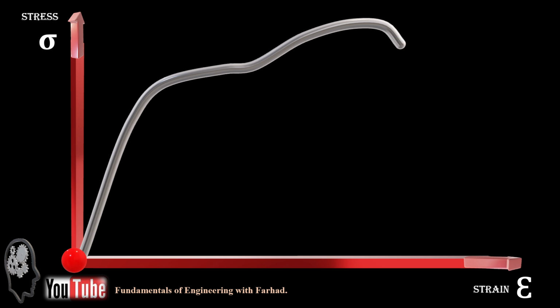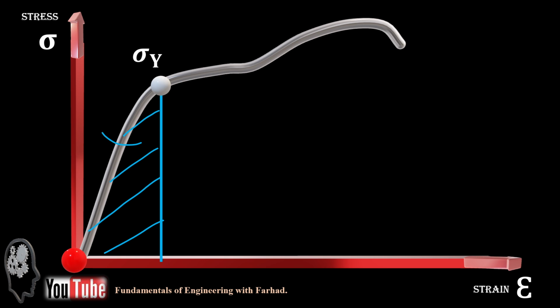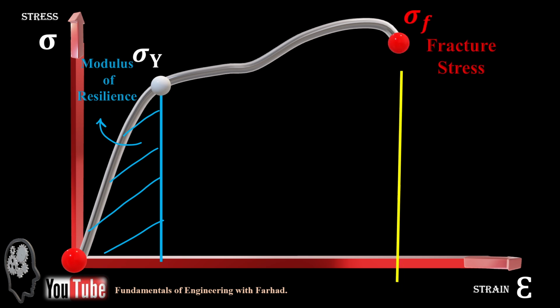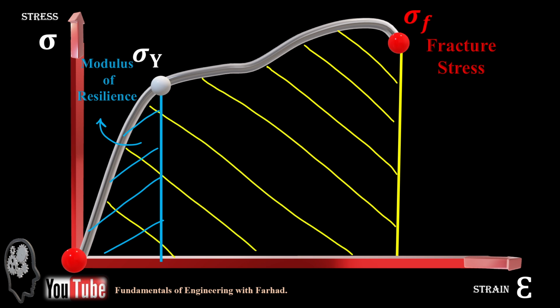Definitely this portion includes the modulus of resilience as well, because the very first part of the diagram, if you remember, was the modulus of resilience up to sigma y. The area under a stress and strain diagram up to sigma y is called modulus of resilience, and up to sigma sub f, fracture stress, is called modulus of toughness. So the toughness includes the modulus of resilience as well.